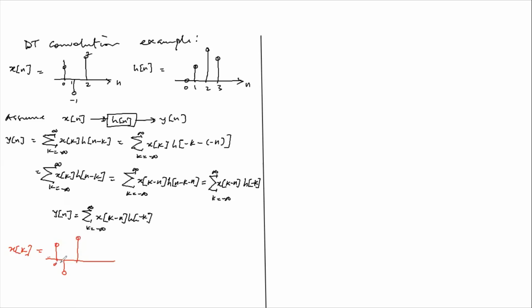This is 0, 1, 2. So that is minus 1 magnitude. It's magnitude of 1. It's magnitude of 2.